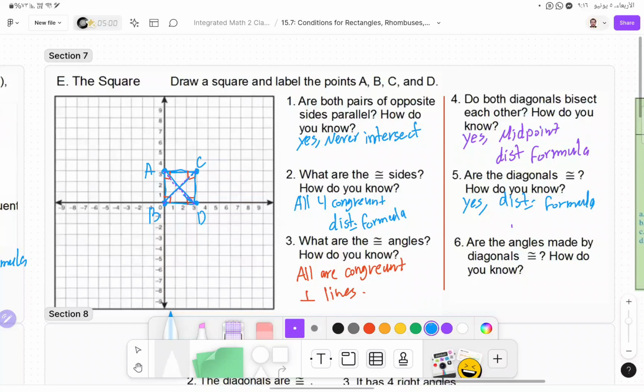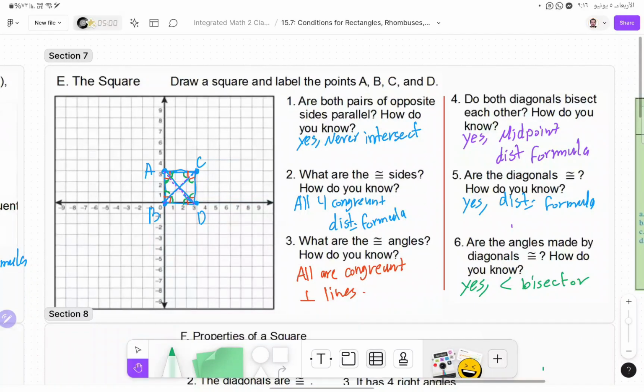Is this angle congruent to this one? Yes. This one to this one? Yes. So all the angles are congruent, because of the angle bisector.